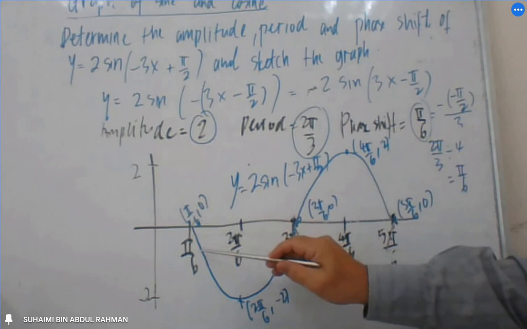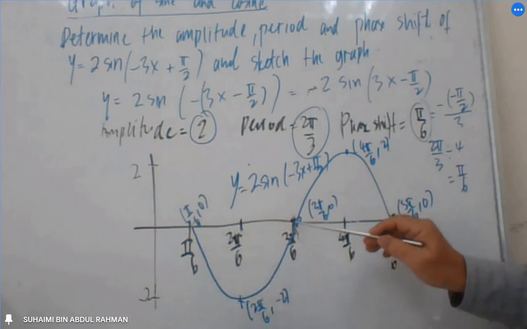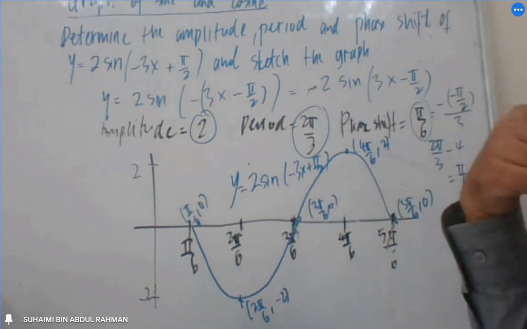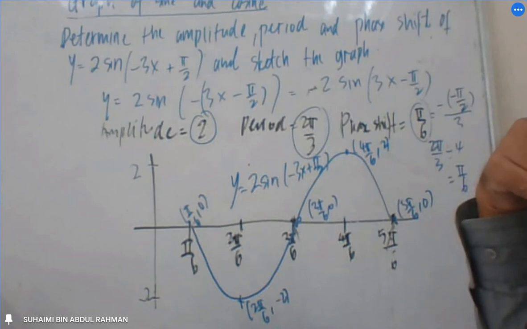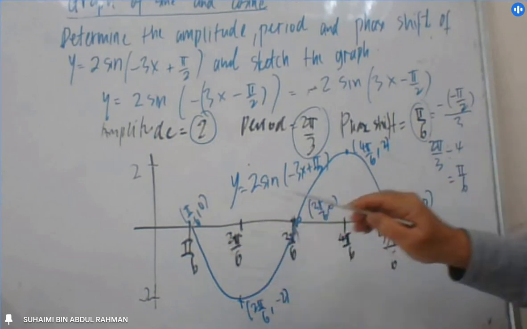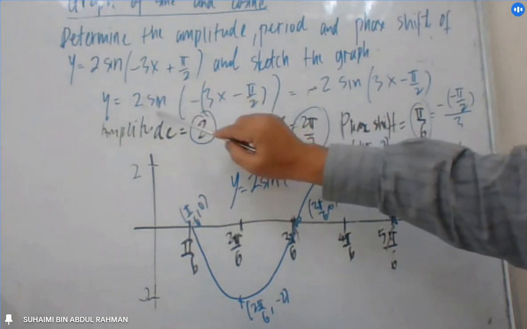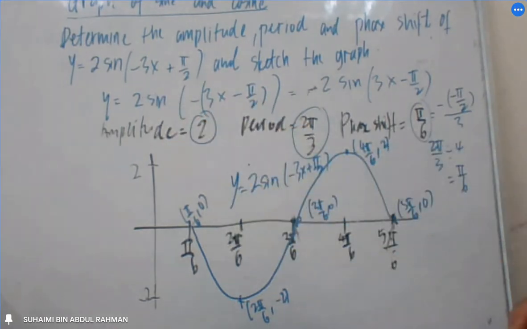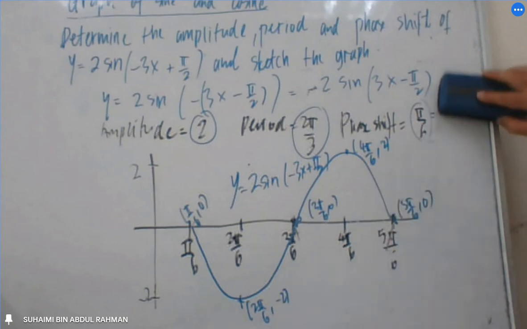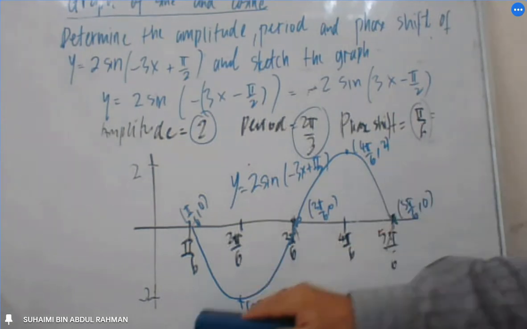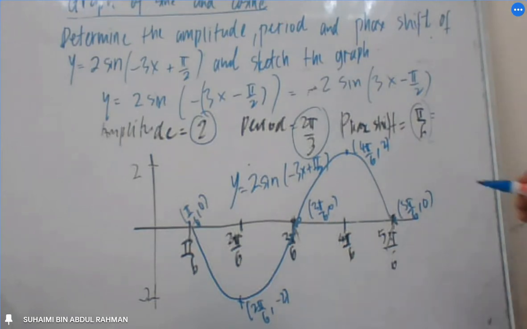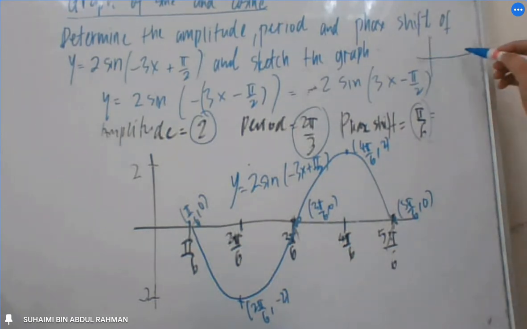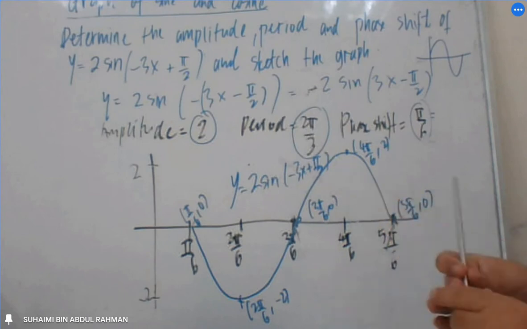Right. Now, because we want to sketch the graph of the sine function, the graph of the sine function is like this. Therefore, our graph will be like this.